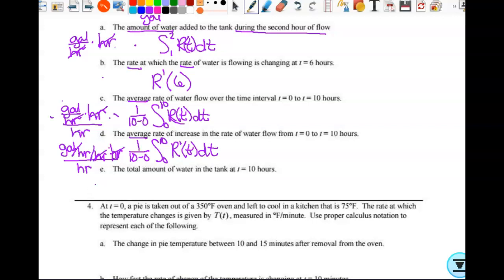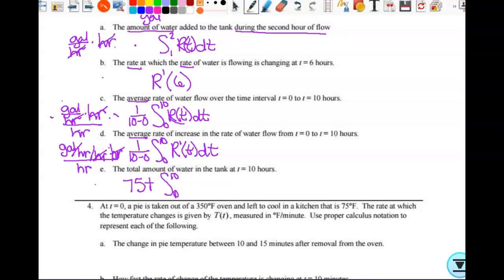Okay, let's do E, and then I'm going to let you do the rest on your own. The total amount of water in the tank at t equals 0 hours. Zero to 10, but yes. Because you have to start at 0.